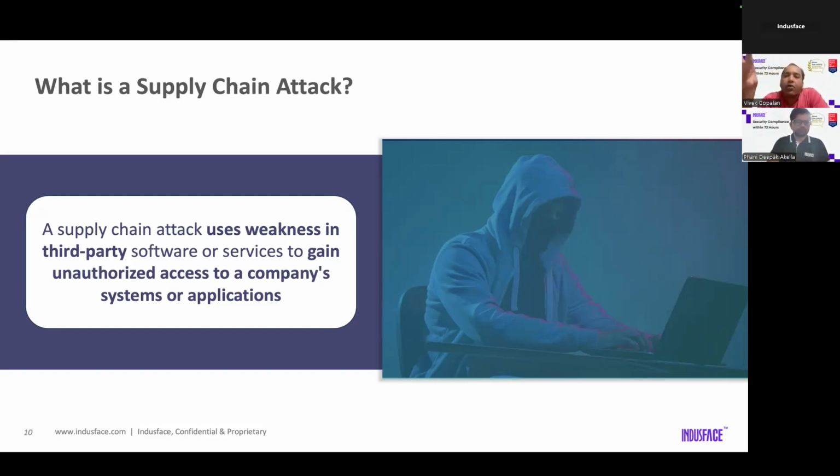An attack on these third-party components to get access to your applications, your system, or the data that needs to be protected is called a supply chain attack. Instead of exploiting the weakness in your application, the weakness of the third-party components used by your application is exploited to gain access to your systems or applications.